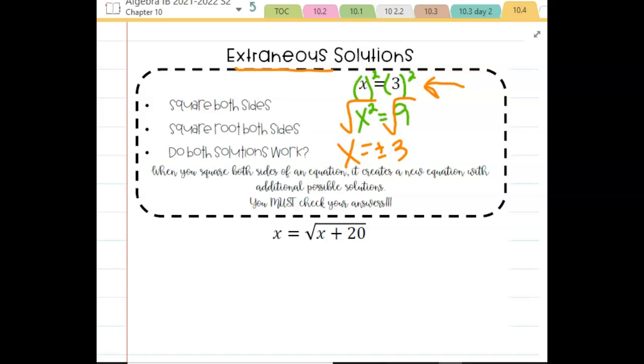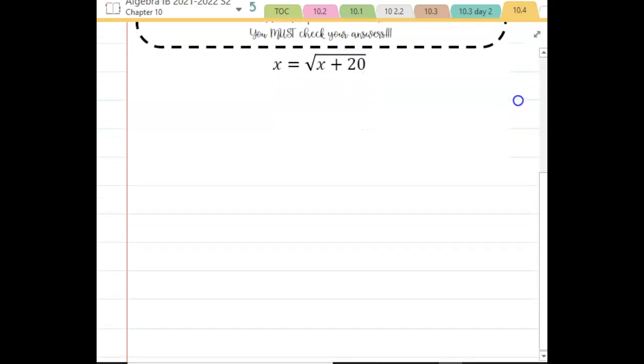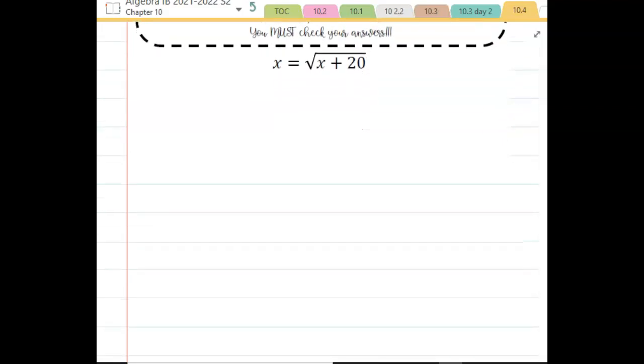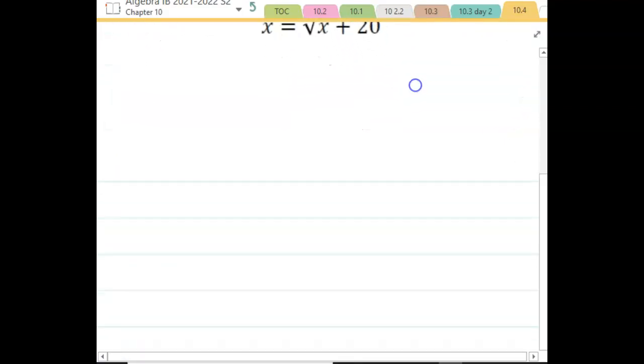That, yes, it's a solution, it works, but, I did everything right, but if you plug it back into the original problem, it will not work. And the only way you're going to know is by plugging it in. So, to show you again, let's work out this one right here, okay?